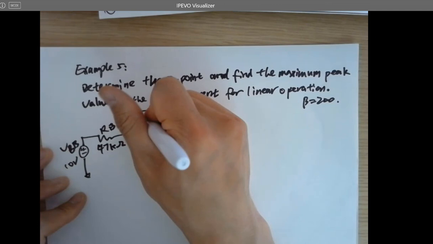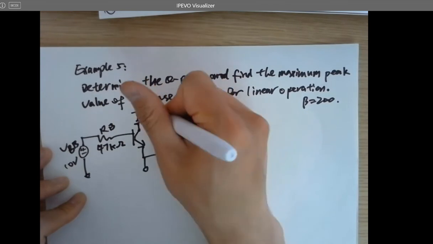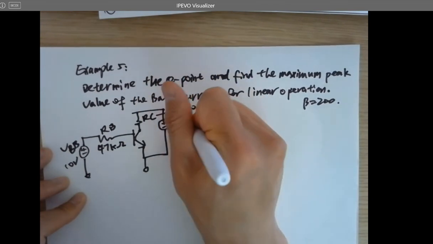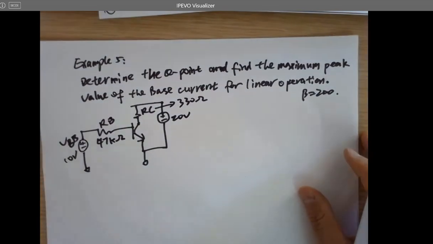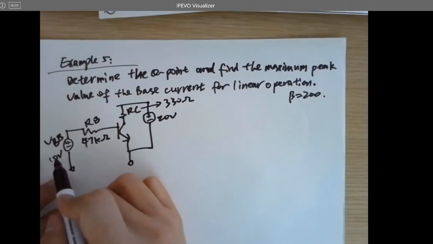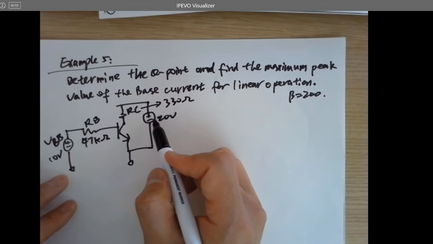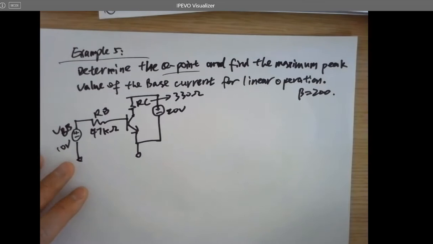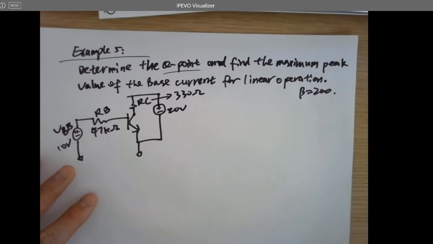Here's RC equals 330 ohms. And this guy's 20 volts. So find out the Q point. And this has been biased by these two voltages. And it's already being biased at the Q point. So you cannot design it because it's already being biased.